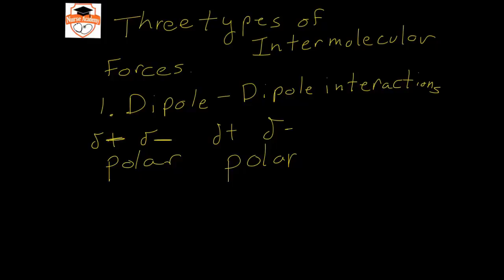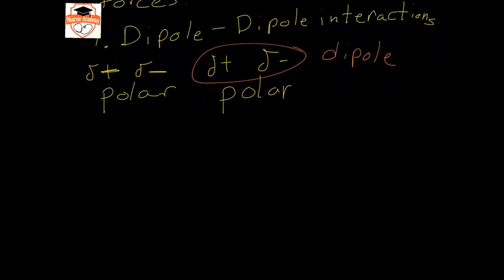Just the act of having this partial positive and partial negative, this is a dipole, and so any molecule that has a dipole can interact with another molecule that has a dipole, and that's called dipole-dipole interaction.